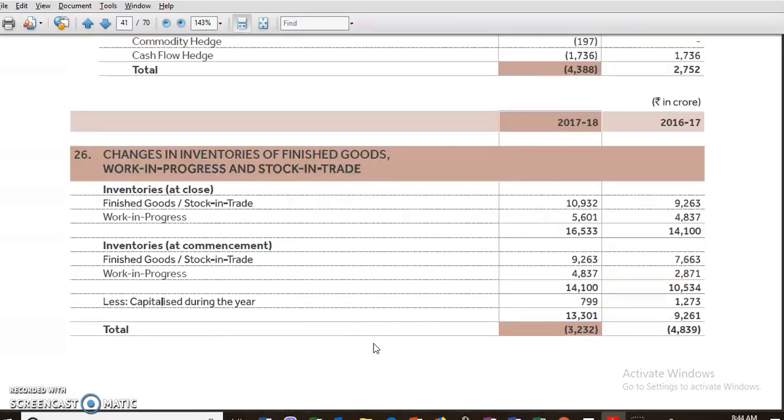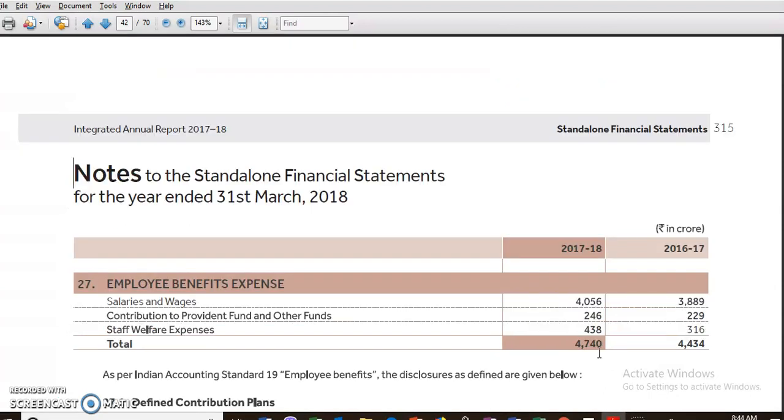So here how they are showing it: what was the inventory in the beginning, at the commencement, and then how much was the consumption. So this is changes in the inventory, and whatever this company purchases goes into the P&L as direct purchases. So that's how they get cost of sales in a nutshell.